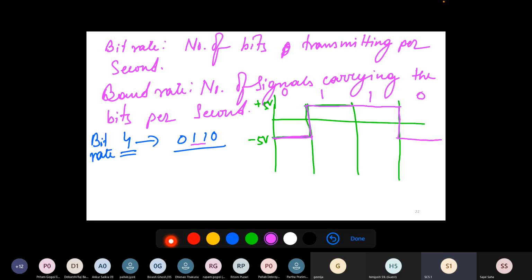So the number of signals is 4. Now here can I consider that the baud rate is what? How much? Baud rate is 4. 4 signals per second. So here my bit rate and baud rate are both the same. Clear?